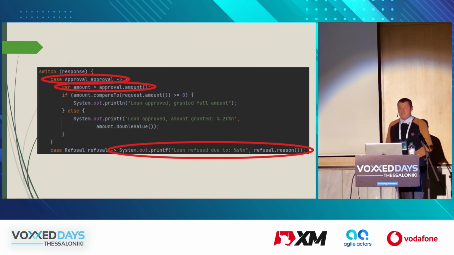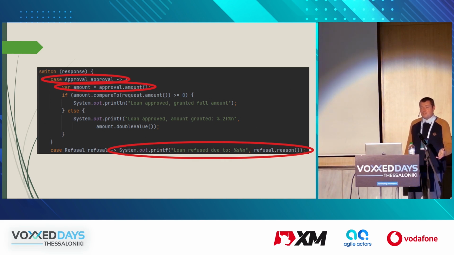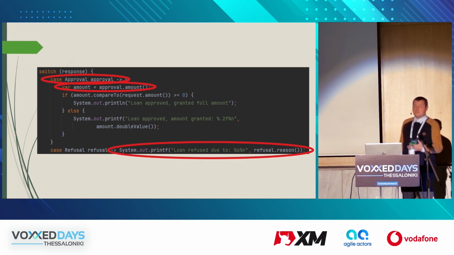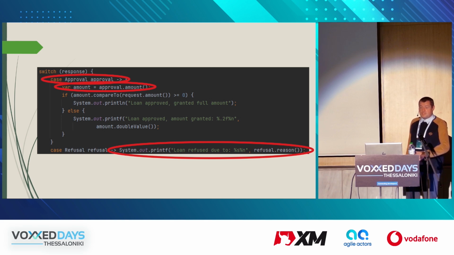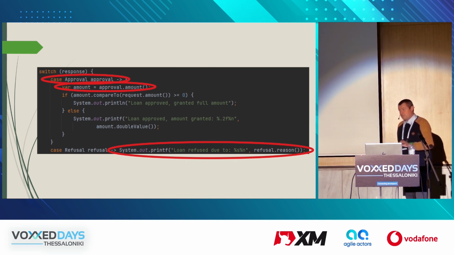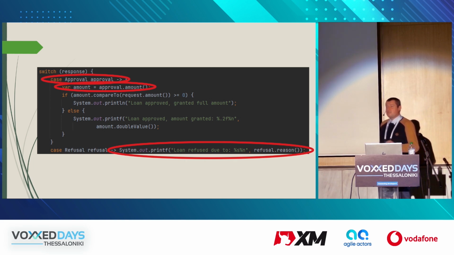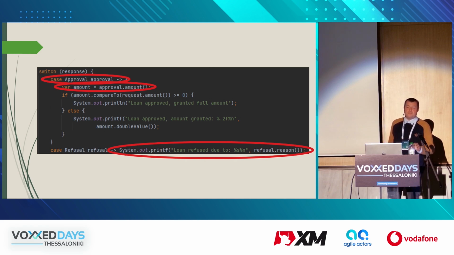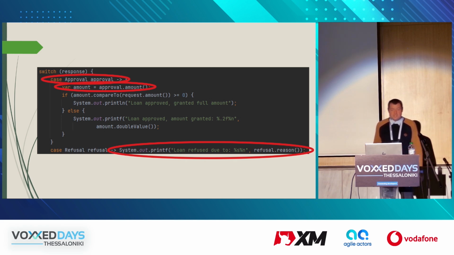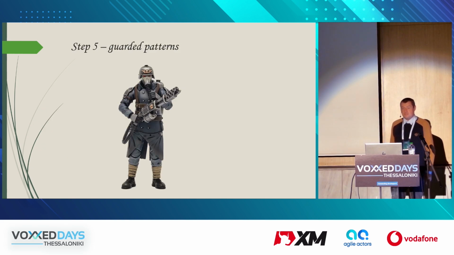And we need to somehow handle this, just because in the approval scenario there are still sub-scenarios being engaged regarding this amount. If we are granted the full one, or unfortunately we are being granted only the limited version, we need to handle it separately. So we need something more to improve this switch construction, and this one is guarded patterns.